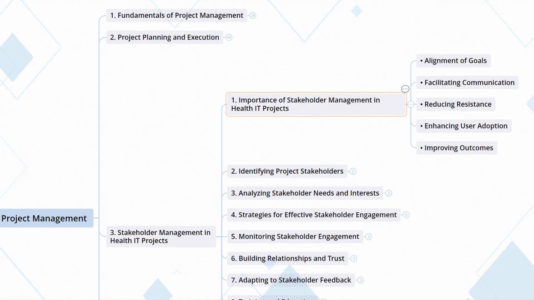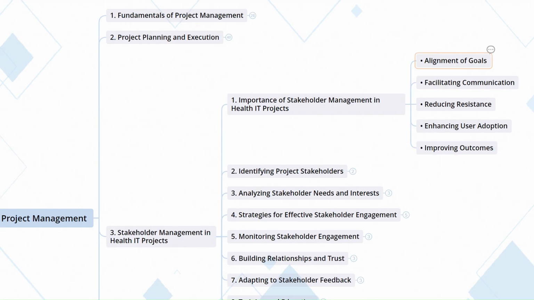Managing stakeholders effectively is vital for several reasons, such as alignment of goals, facilitating communication, reducing resistance, enhancing user adoption, and improving outcomes.